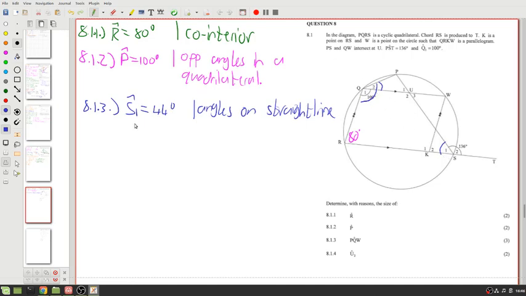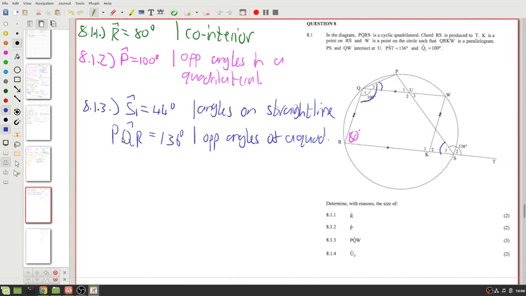So the whole Q, let's call it PQR, the whole Q. Angle PQR is 136, and the reason for that is opposite angles of a quadrilateral again. Opposite angles of a quad.